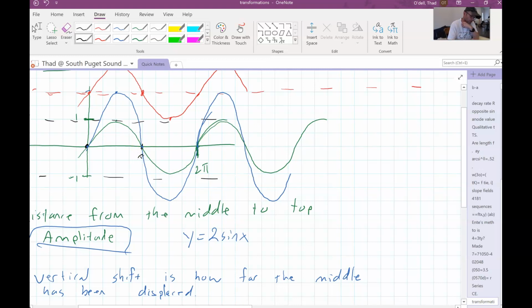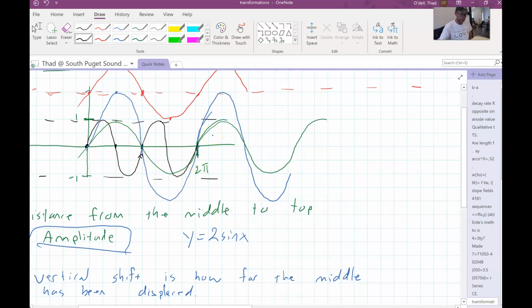That would be what? Pi over 2 right about there. So I'm going to go up, back down, all the way to the bottom and back up. So you can see there's 2 cycles in the time that I normally get 1 cycle.